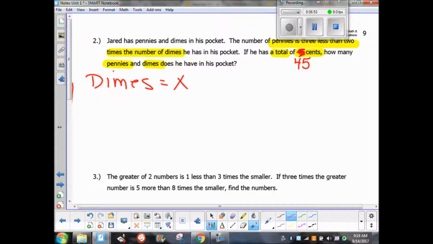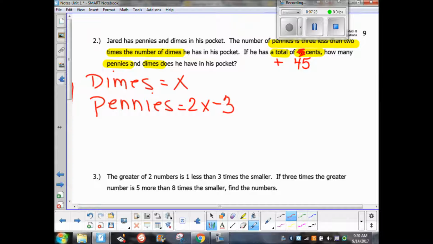Pennies. How am I going to represent pennies? So pennies is 3 less than 2 times the number of dimes. Awesome. 2x minus 3. Total. What does total mean? Add, subtract, multiply, or divide. Add.